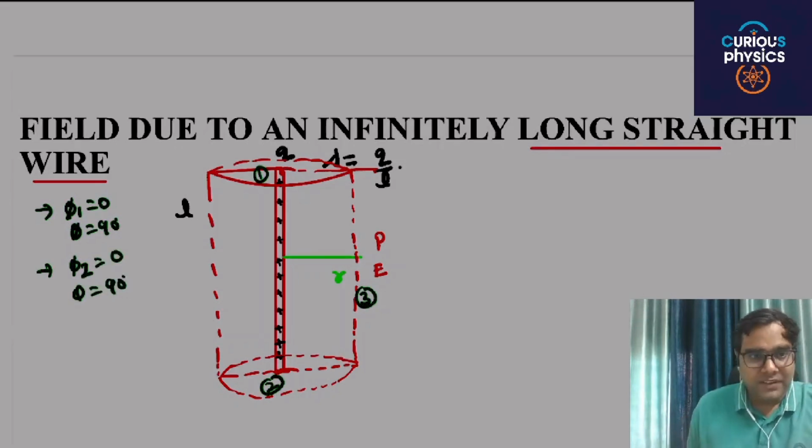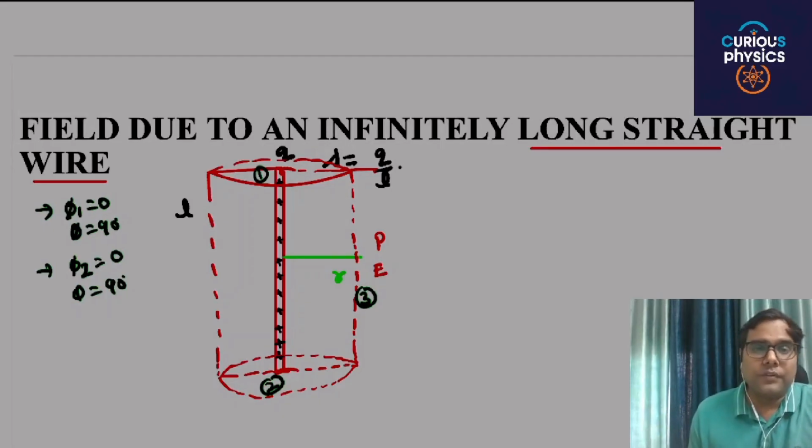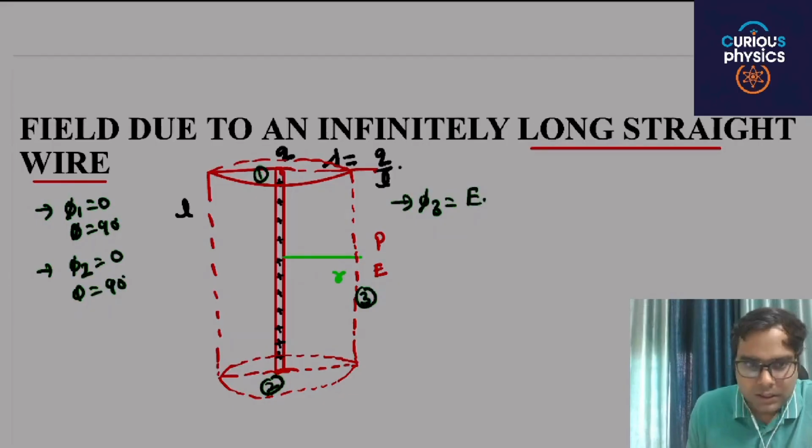From surface 3, you can apply Gauss law. So net electric flux goes from surface 3. The area of the curved surface is 2 pi RL. So flux from surface 3 is the value of electric field E into 2 pi RL.